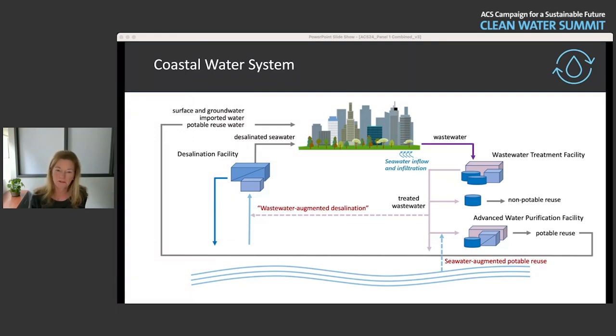Also, if you look at kind of right underneath the city, if you're thinking seawater augmented potable reuse is a crazy thing, we are already actually doing it, because in a lot of places, low-lying wastewater treatment plants, their aging, corroded infrastructure, seawater is flowing in, infiltrating the system, and having to be dealt with by the RO process, the reverse osmosis process at the potable reuse facility. So although these seem like new and perhaps shocking, we can't integrate these flows, actually they already are integrated to some extent. So next slide.